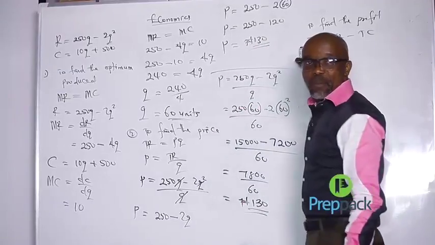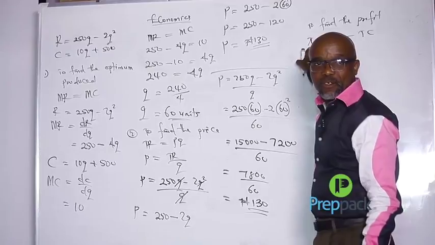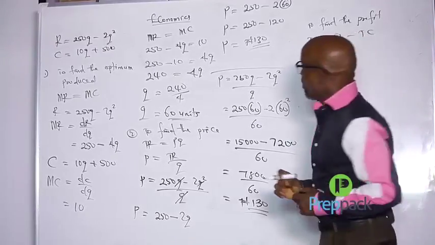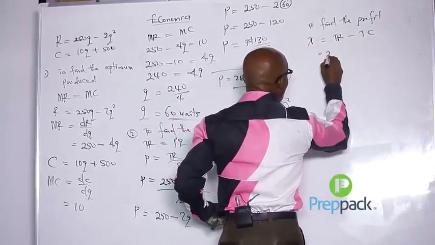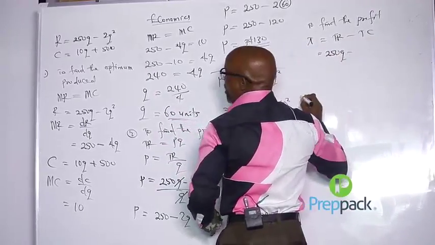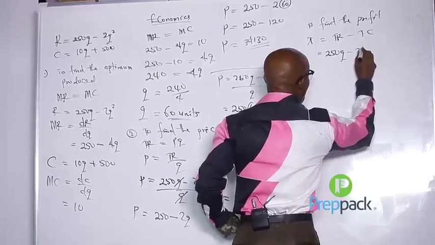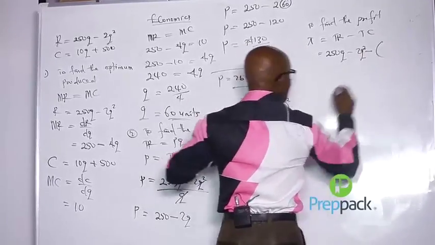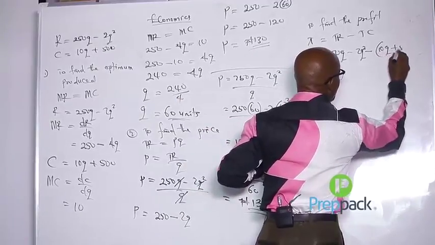Mind you, this sign in mathematics is called pi, but in economics, it is profit. Therefore, my TR says 250Q minus 2Q squared. That's TR minus open bracket TC, 10Q plus 500.